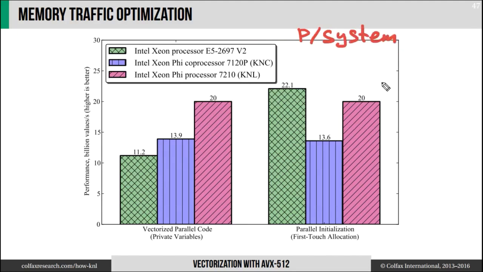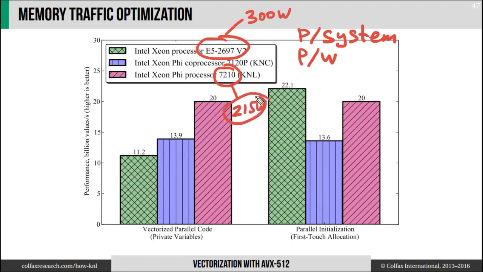But some other important metrics could be performance per watt if you're running a data center, because if you look at the specifications, the thermal design power of the CPU is around 300 watts, whereas the thermal design power of the Xeon Phi processor is around 215 watts. So I do 10% less work for 30% less power.